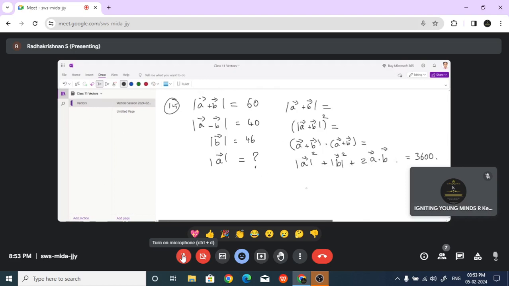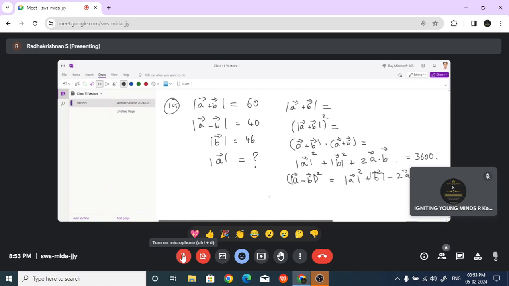Similarly, what is a minus b the whole square? Equal to, again in the same way, a square plus b square minus 2 a dot b. Okay, so you simply add the two.